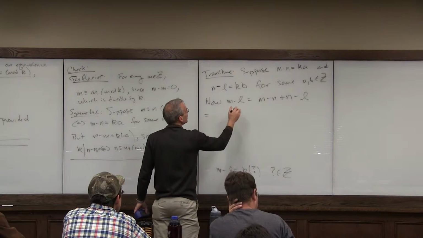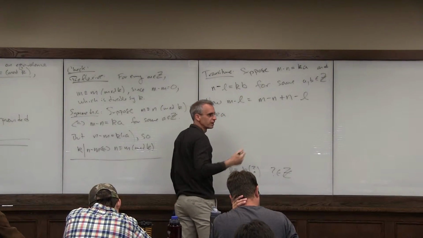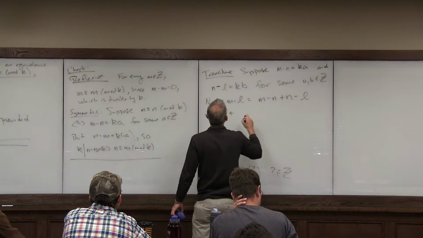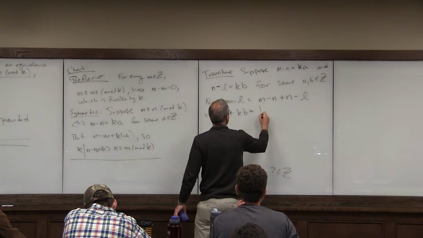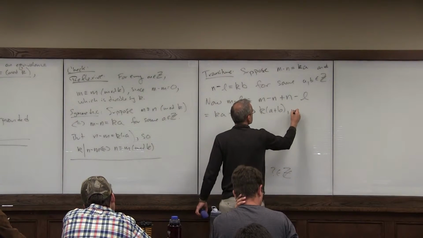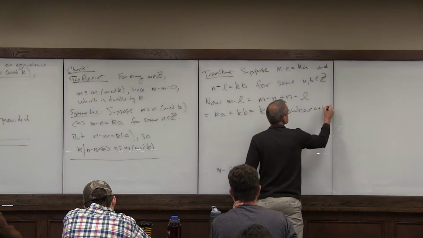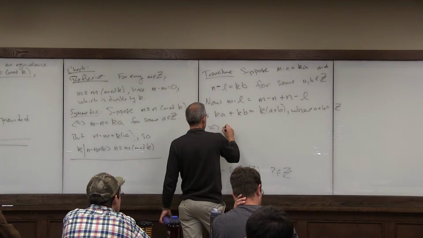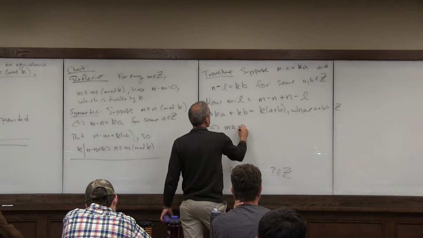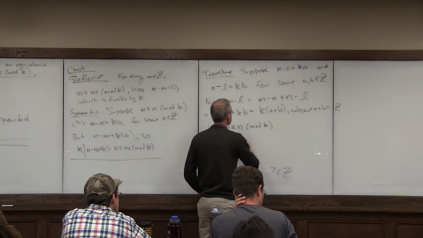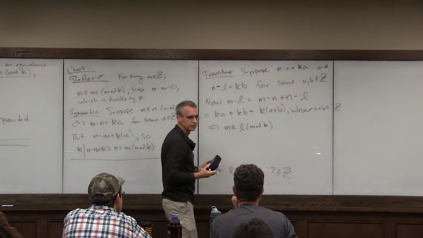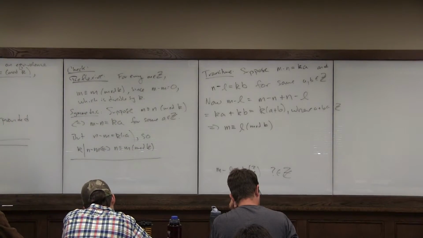So this equals, m minus n is Ka, and n minus L is Kb, equals K times A plus B, where A plus B is an element of Z. So that tells us that m is equivalent to L mod K, which is where we wanted to finish. Lovely proof to put on the test.